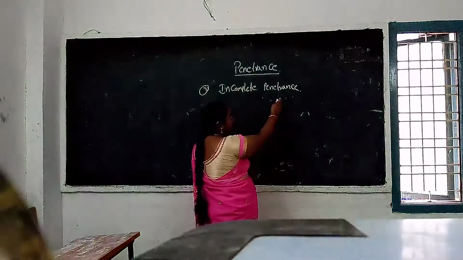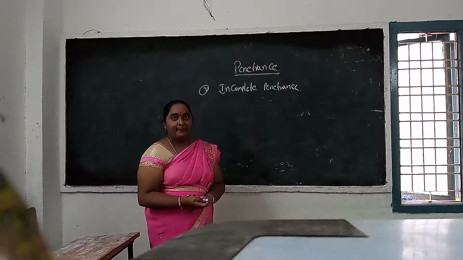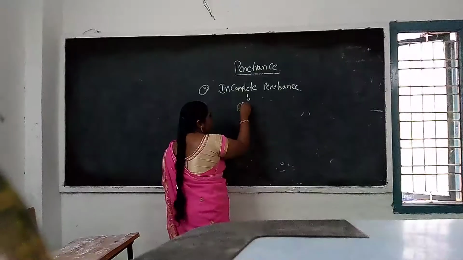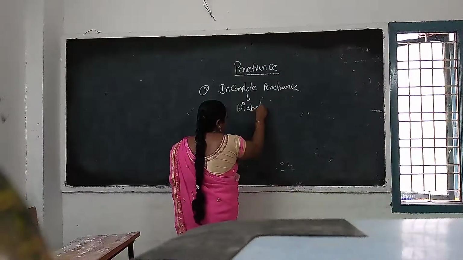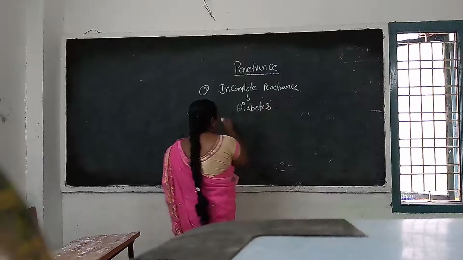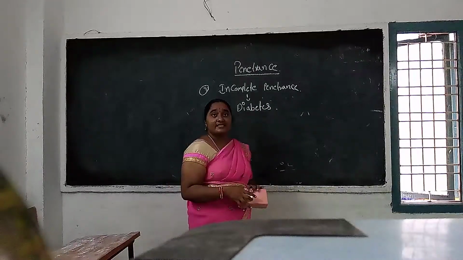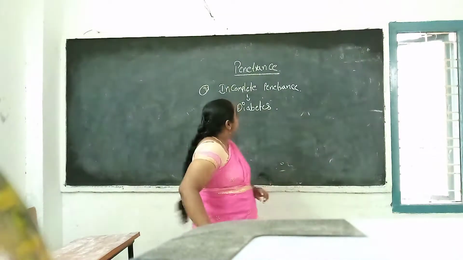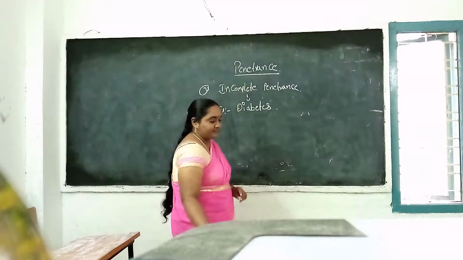The best example of incomplete penetrance is diabetes. The best example of complete penetrance was Drosophila.